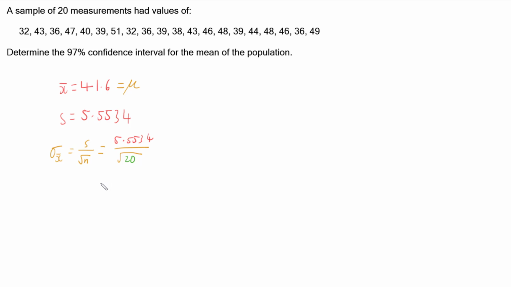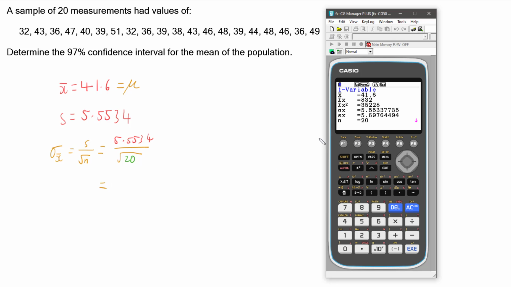And so if we go back to our calculator and we work this out, I'm going to go back to our menu and go to run matrix, and we're going to put in 5.5534, and we're going to divide by the square root of 20. And while I'm here, I'm going to store this into, we'll call it A, just so that we have it for later.